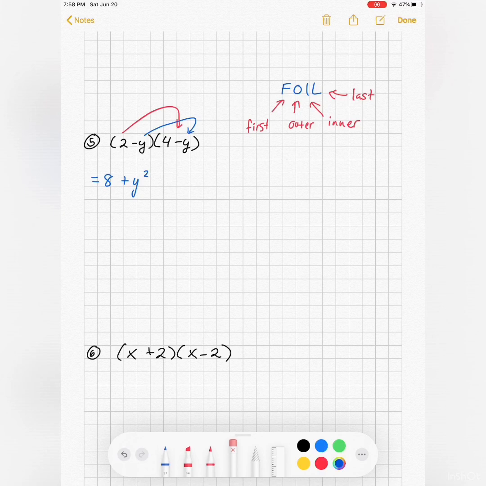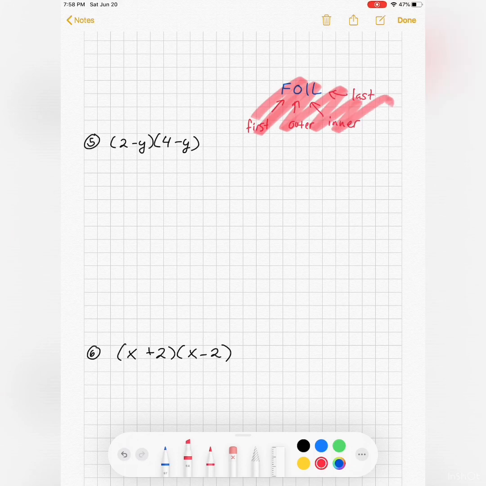Well, let me start this one over. I could do it that way, but I really want to make sure I stick with this rule, so we do them all the same way.